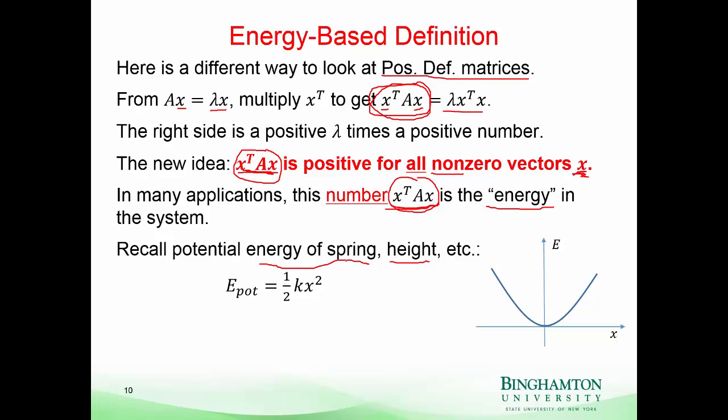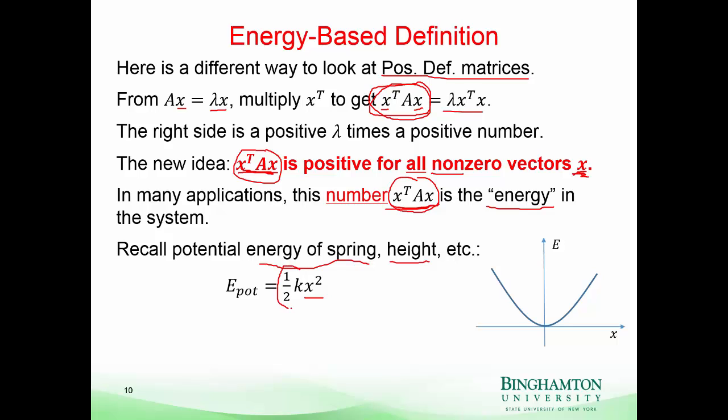For the potential energy of a spring, the further you pull it, the more potential energy there is. But it turns out that the amount of potential energy goes up as the square. So if you double the displacement of the spring, you've actually quadrupled the amount of energy that you have the potential of releasing when you let go of that spring.